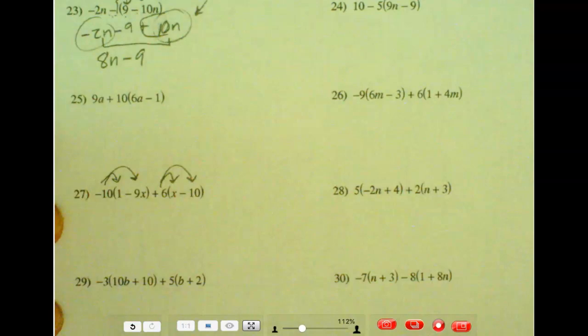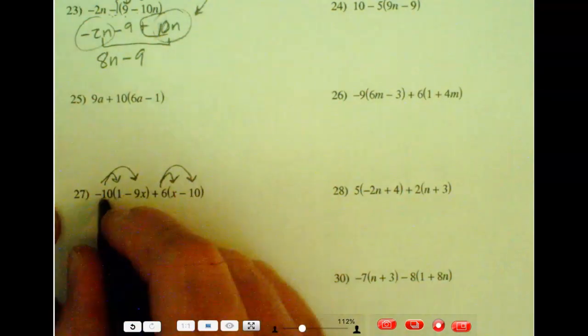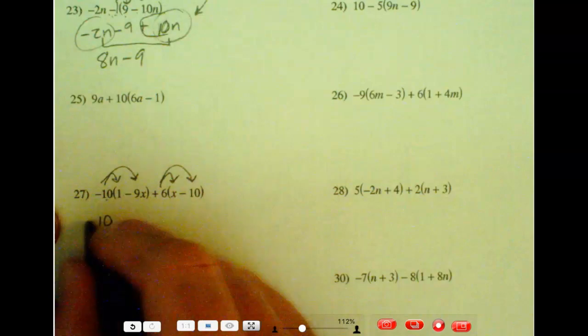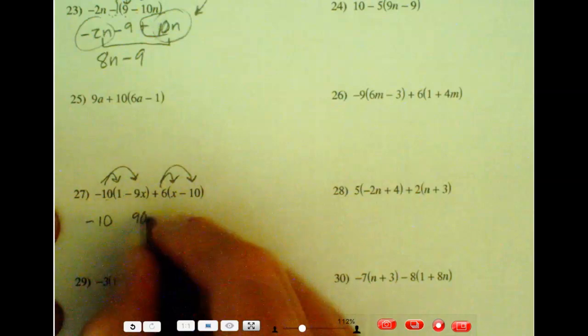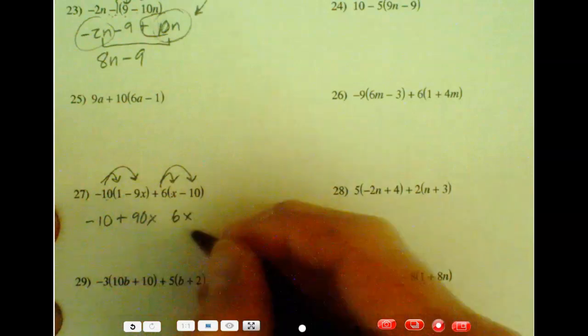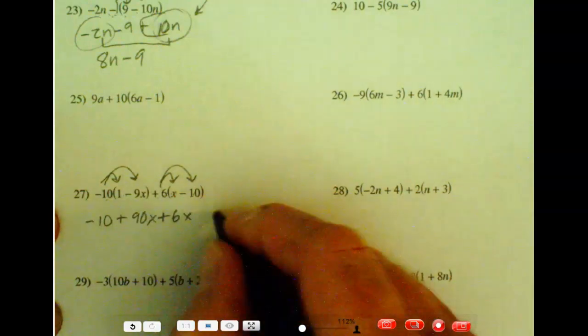So let's do it. 10 times 1 is 10. It's a negative times a positive, so it's a negative 10. I've got 10 times 9. That's 90. There's an x attached. And it's a negative times a negative, so that's a positive 90x. Now I have 6 times x, and that's 6x. And it's a positive times a positive, so it's a positive 6x. I've got 6 times 10, which is 60.